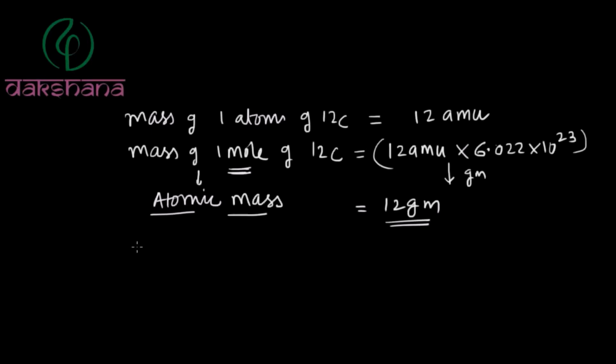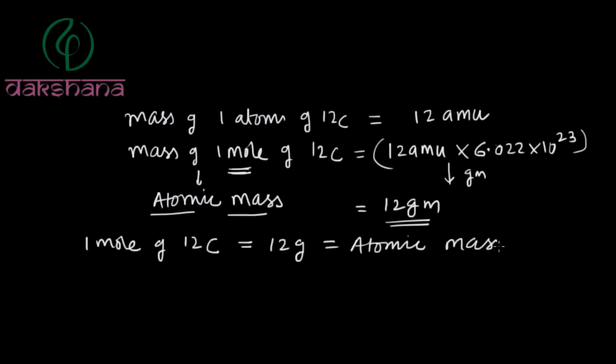atomic mass. So basically 1 mole of carbon C12 will have a mass equal to its atomic mass, 12 gram. This is also its atomic mass.